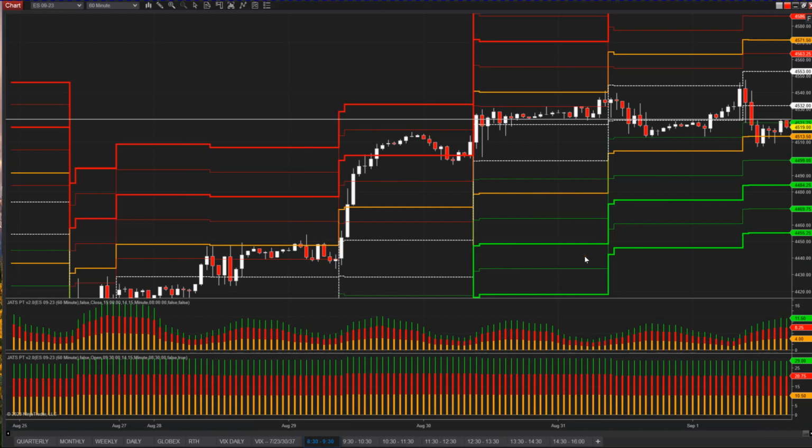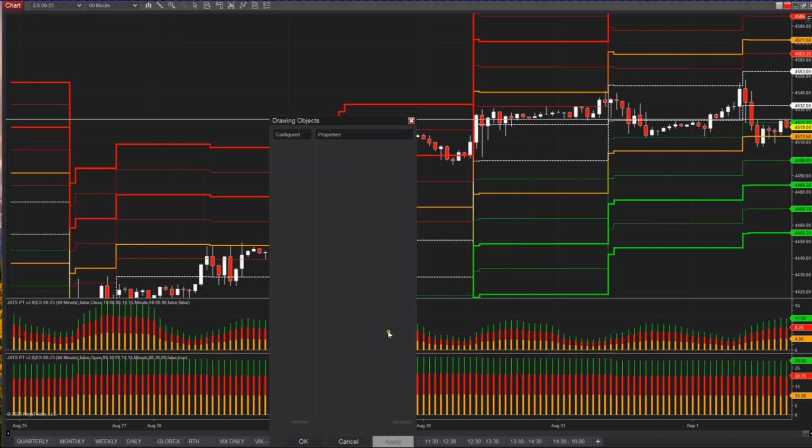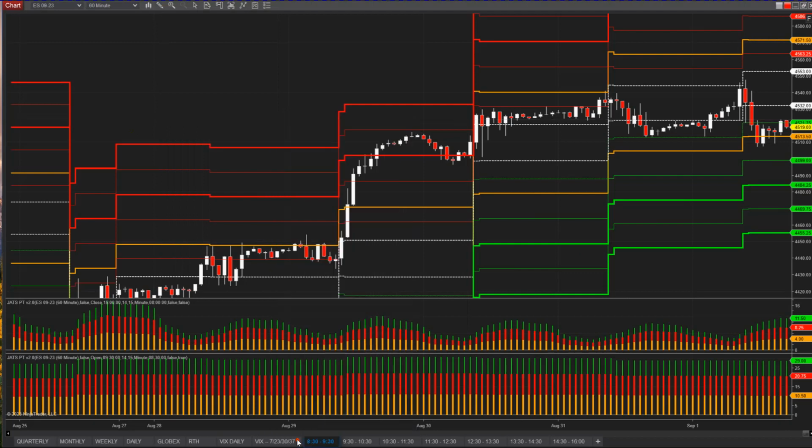Okay, so here is the 8:30 to 9:30, and I've got a 60-minute bar on here to show you these ranges.